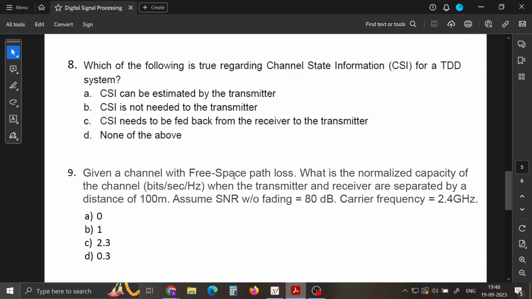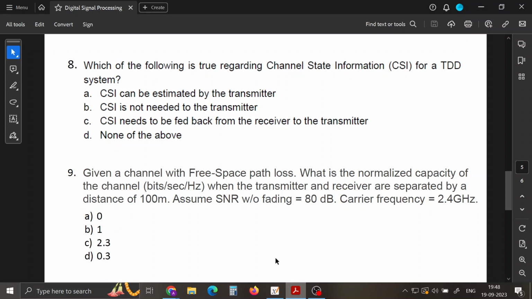And option B, CSI is not needed at the transmitter? No, it needs to know the channel state information, right? Then how will it transmit? And option C, CSI needs to be fed back from receiver to transmitter, the option that I was saying, is applicable for FDD systems whenever you have two different frequencies corresponding to uplink and downlink. So option A is the right answer here.